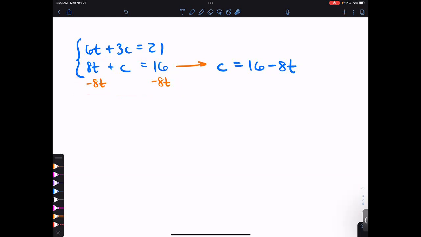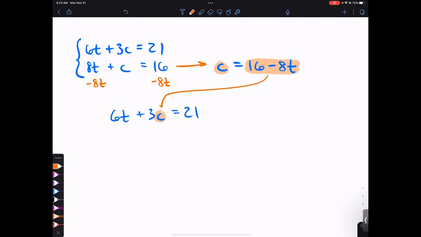Okay. What are you going to do with it now? Take the other equation. And now what we know is how to write c. Anywhere there's c, if these things are equal, then anywhere there's one of them, I can replace it with the other.